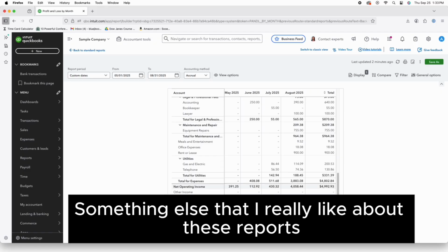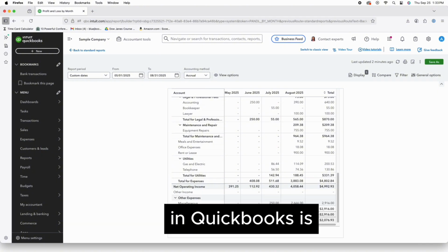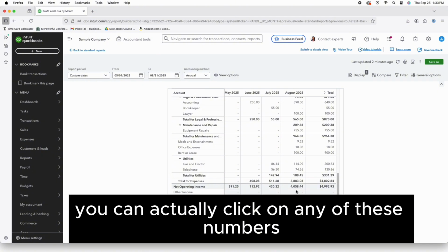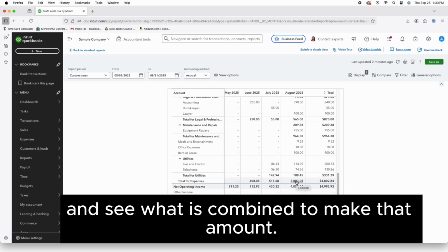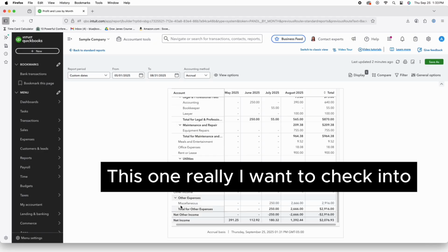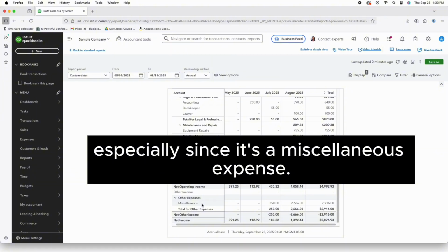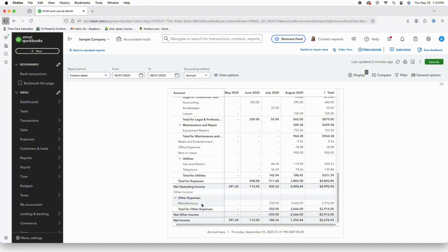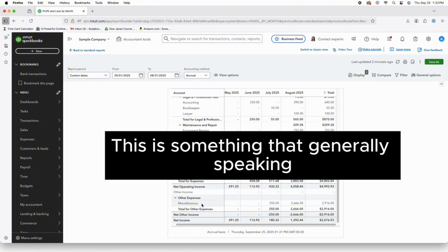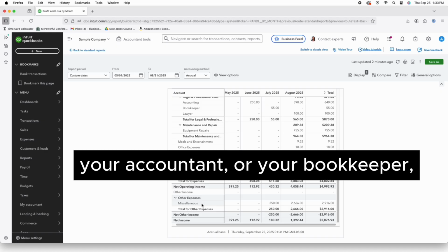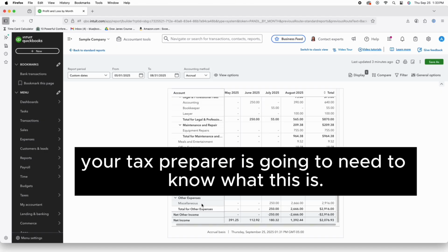Something else that I really like about these reports in QuickBooks is you can actually click on any of these numbers and see what is combined to make that amount. This one really I want to check into, especially since it's a miscellaneous expense. This is something that, generally speaking, your accountant or your bookkeeper, your tax preparer is going to need to know what this is.